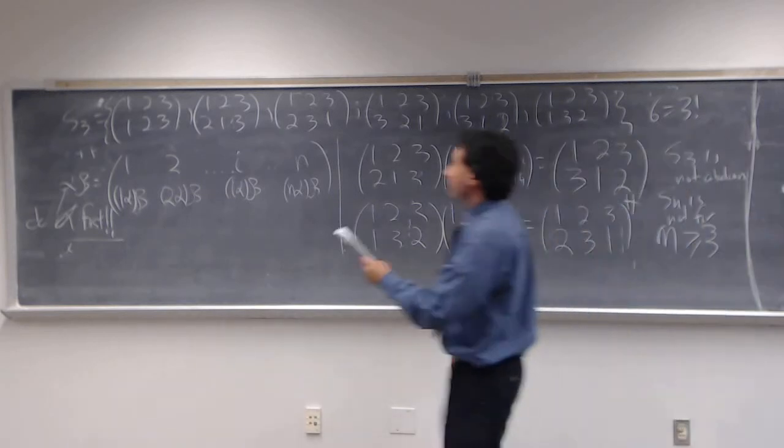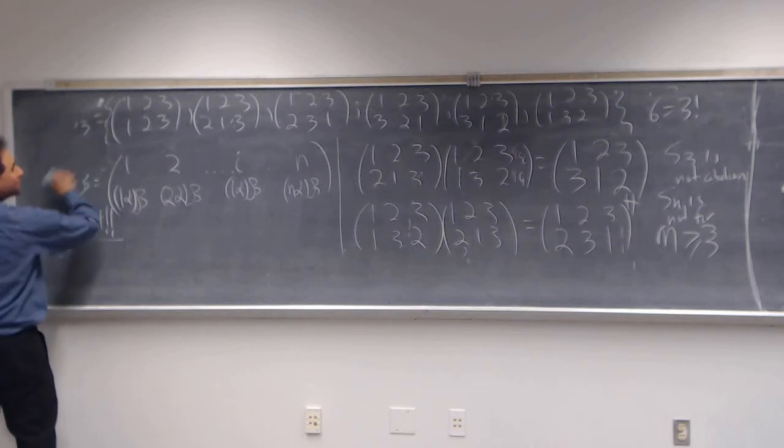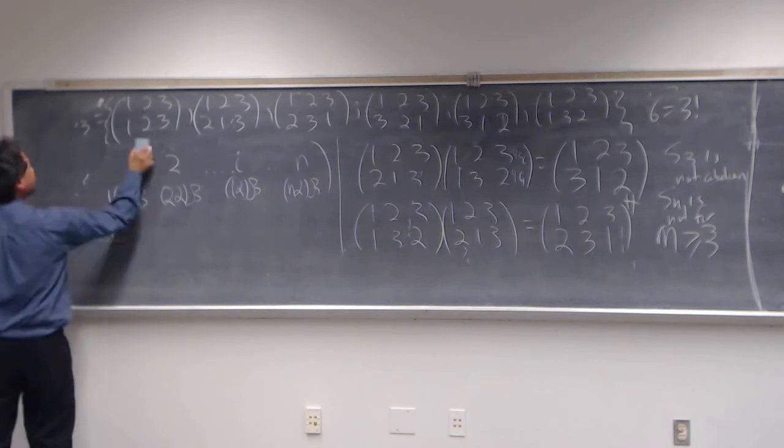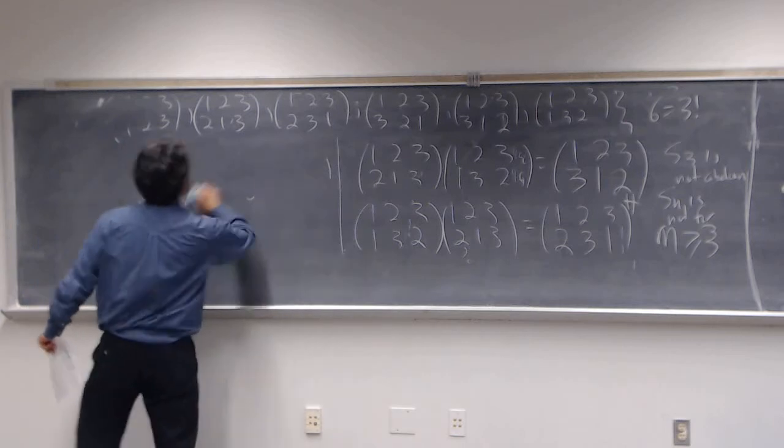So we want to get a way to represent permutations more compactly. And so what we want to do is maybe look at cycle decomposition.